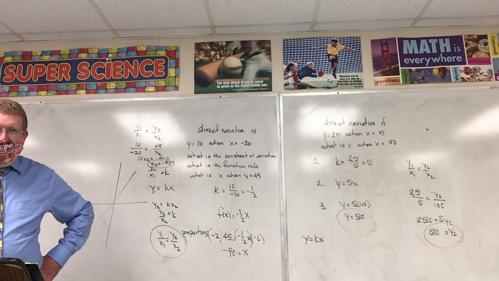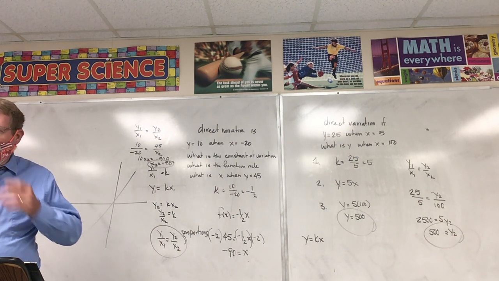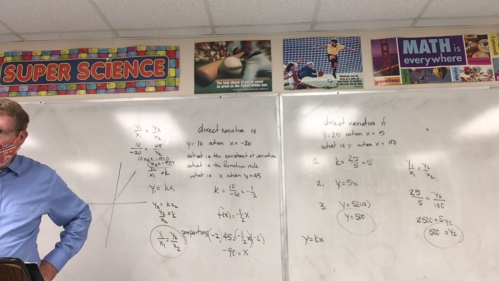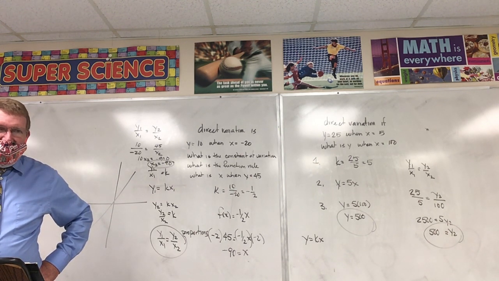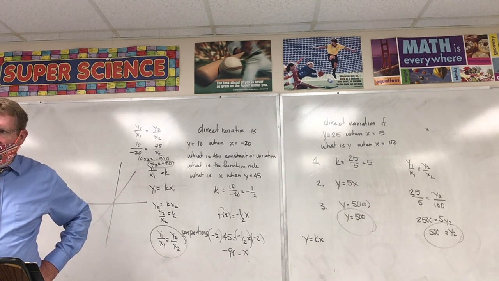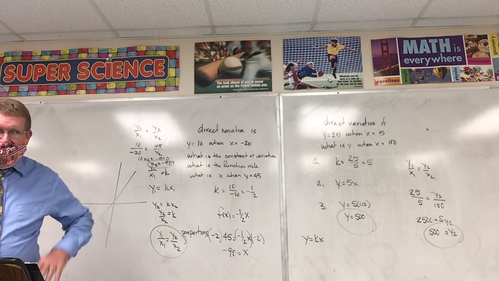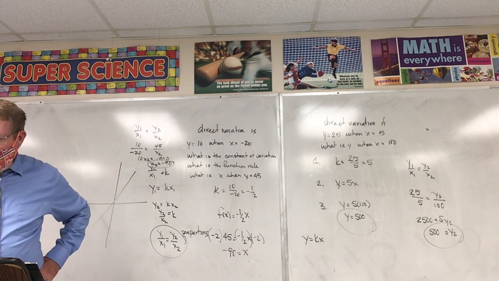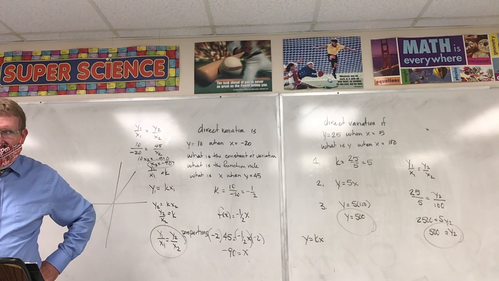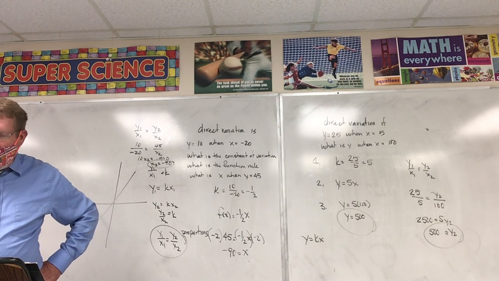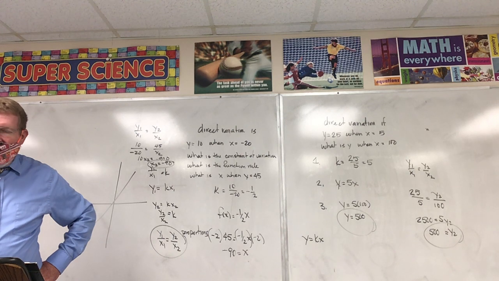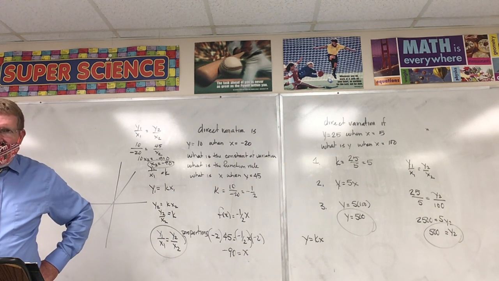So 9 divided by 27, leave it in a fraction. 9 divided by 27 in a fraction is 1/3. 10 divided by 30, 1/3. 20 divided by 60, 1/3.